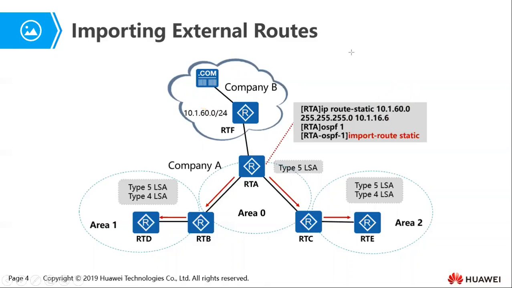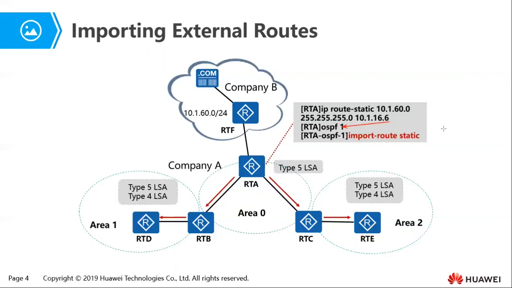Now, after we have reachability between RTA and company B's network, we can go into our OSPF. Remember, within our autonomous system, within company A's network, we are running OSPF 1.